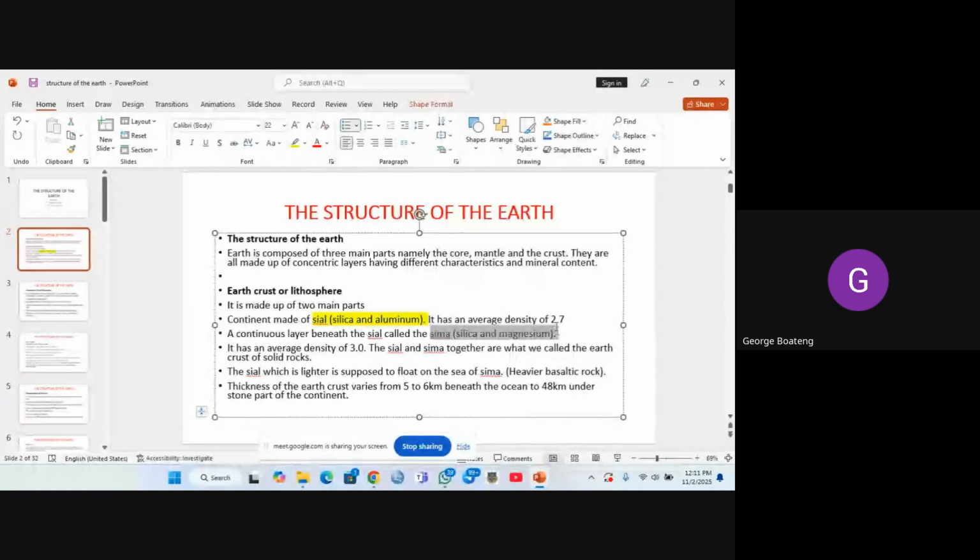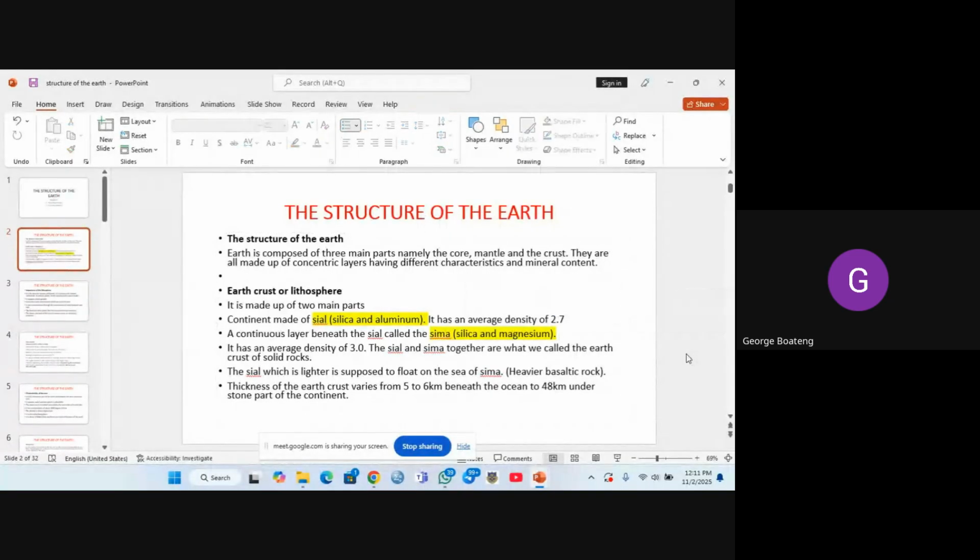So the second layer is called sima, and the meaning of sima is silica and magnesium. So sial is silica and aluminum, then sima is silica and magnesium.